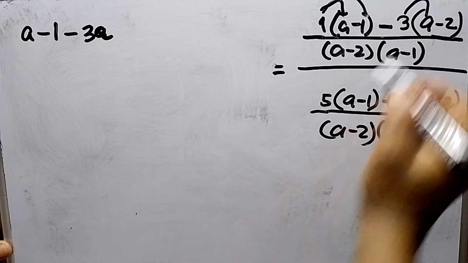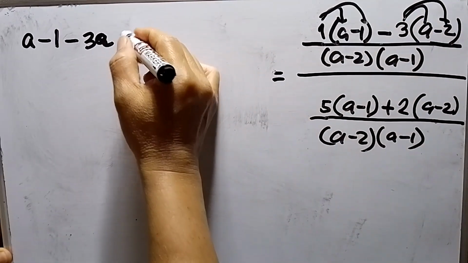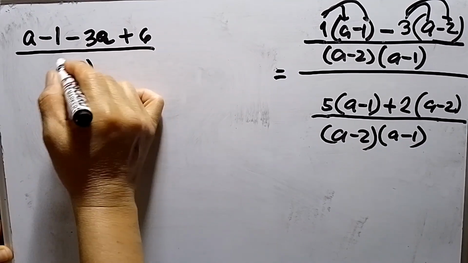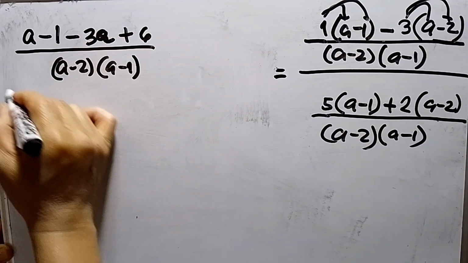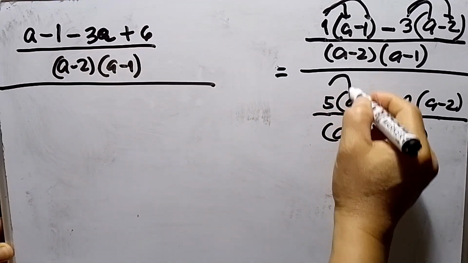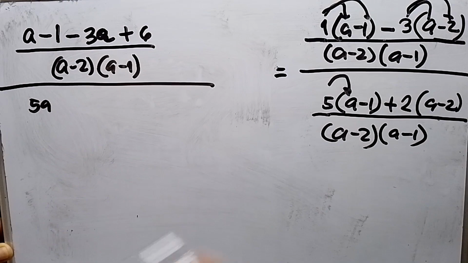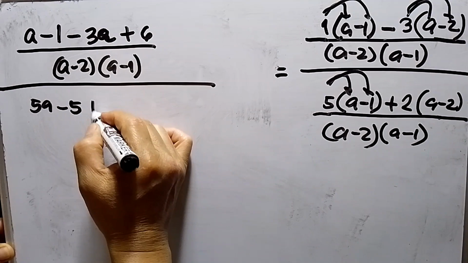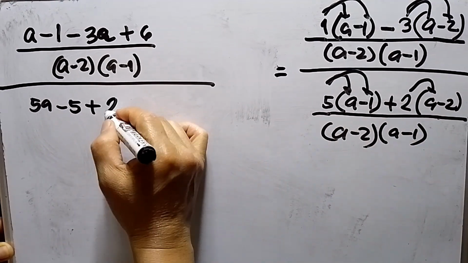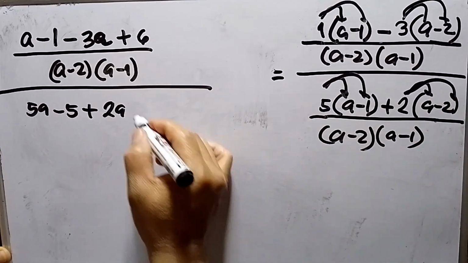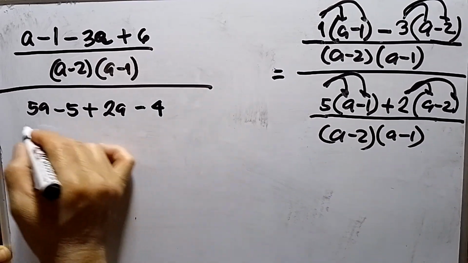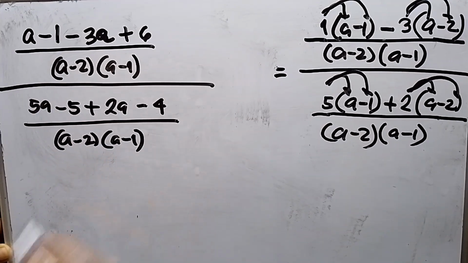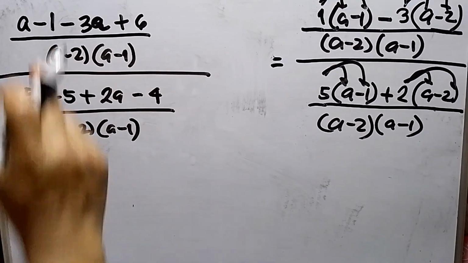And then this will be positive 6 over a minus 2 and then a minus 1, all over 5a, and then this will be minus 5, then plus this will be 2a and then the last will be minus 4 over a minus 2 and then a minus 1. So need to combine.